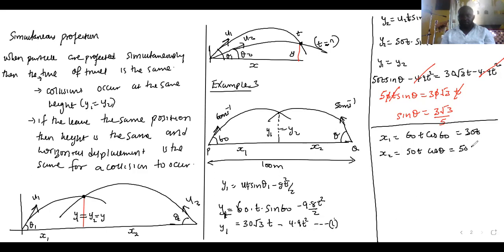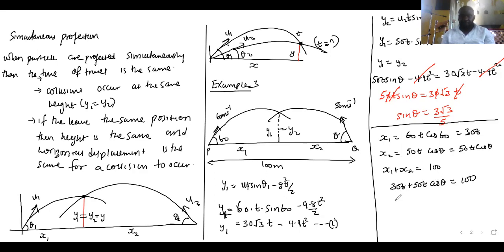When you add the two, x1 plus x2, both of them should give us 100. So it means 30t plus 50t cos of theta is 100.